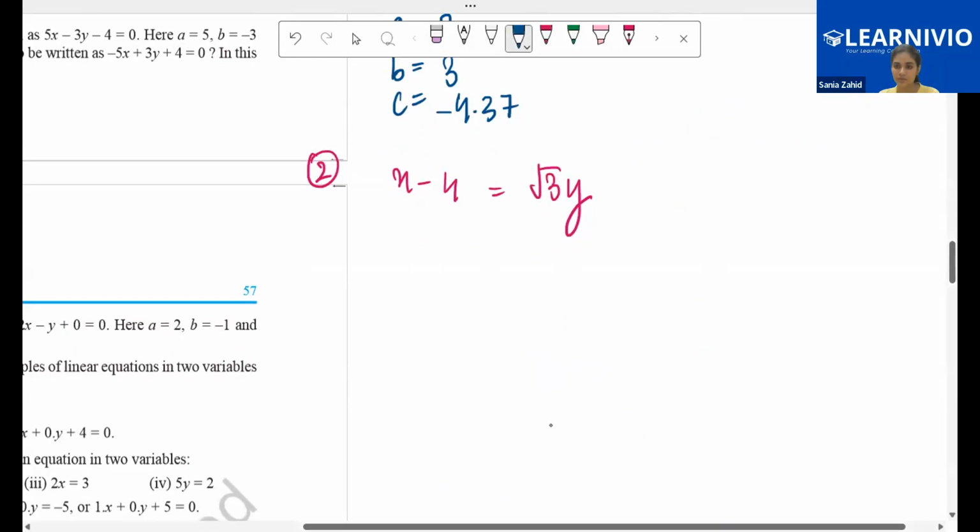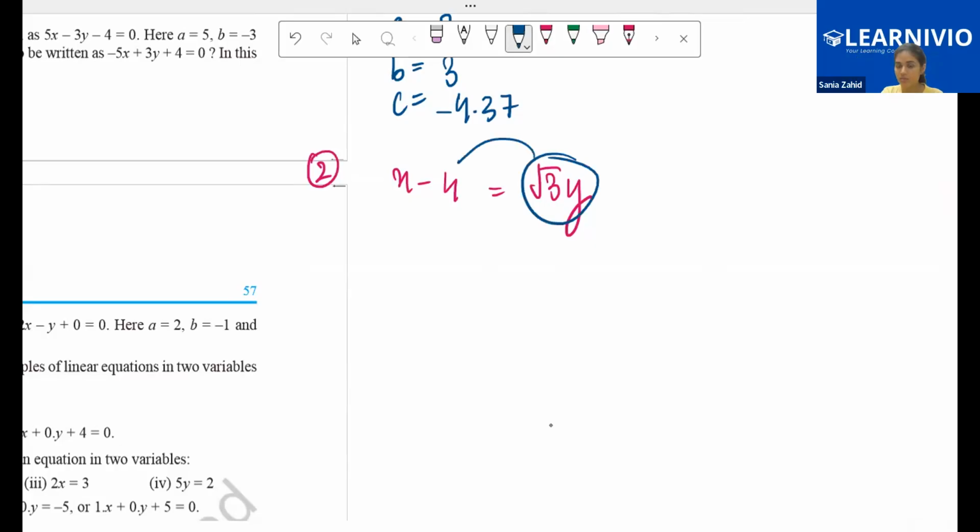General form. x is equal to 1. No, first you convert it into the general form. What was the general form? Oh, okay. So we will transpose root 3y to the other side. So it becomes x minus 4 minus root 3y.